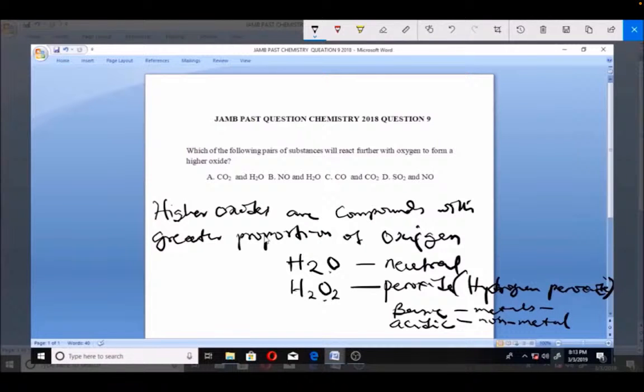There are also what we call amphoteric oxides. We need to know about this as well. These amphoteric oxides can behave as acidic oxide. Neutral oxide, like H2O. But we also have hydrogen peroxides, and we have also other higher oxides.